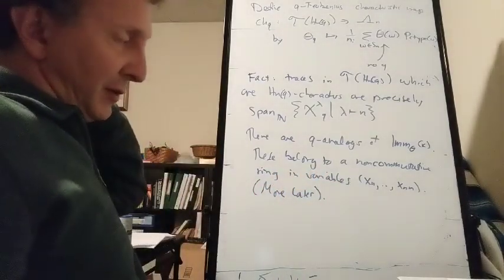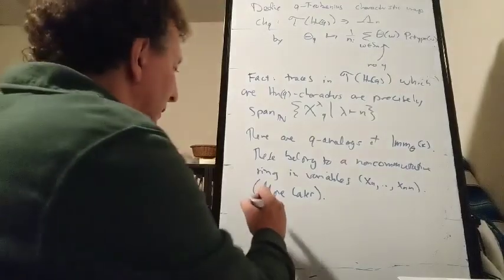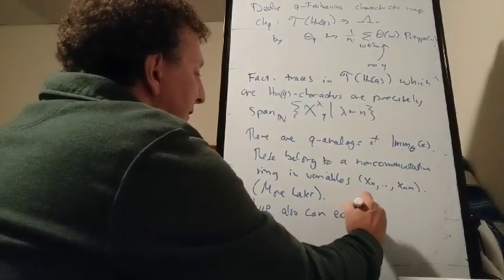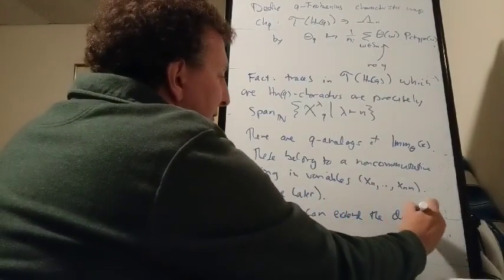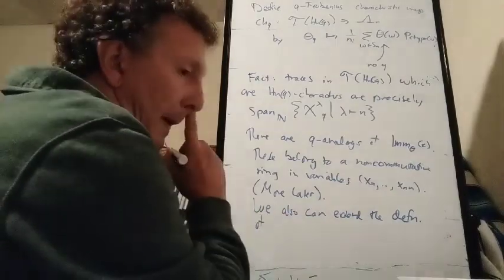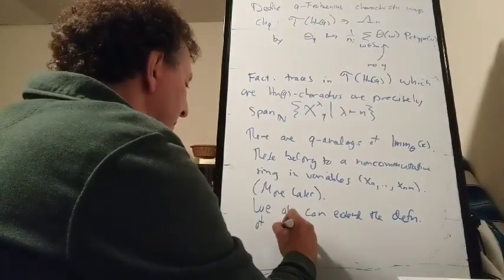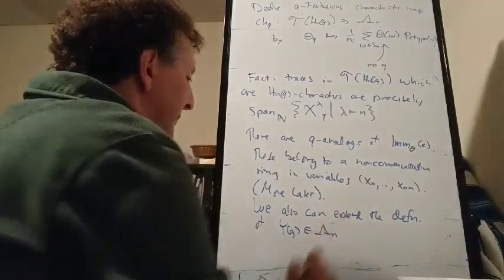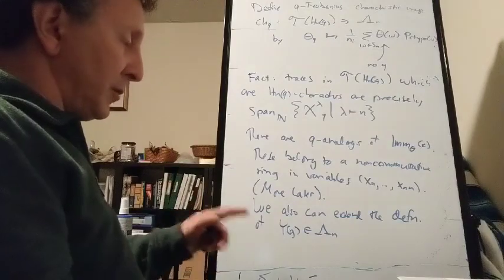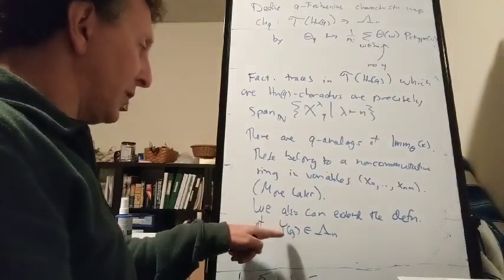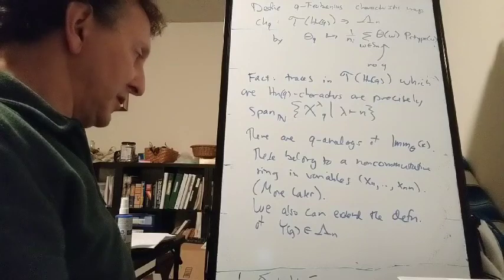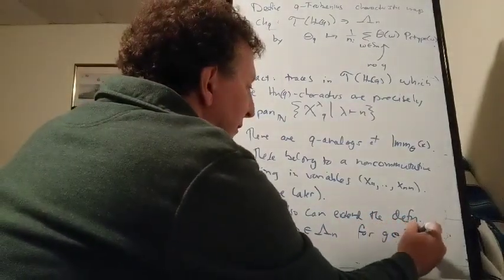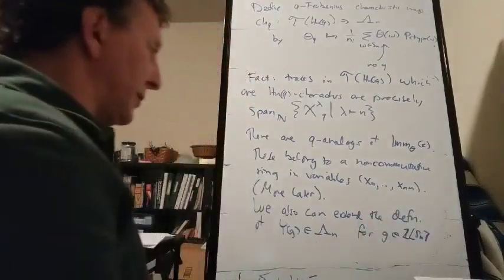Then we have the symmetric generating functions. So we also can extend the definition of y of g, the homogeneous degree n symmetric function that records different trace evaluations. Here I'm thinking of g as an element in the group algebra of the symmetric group.